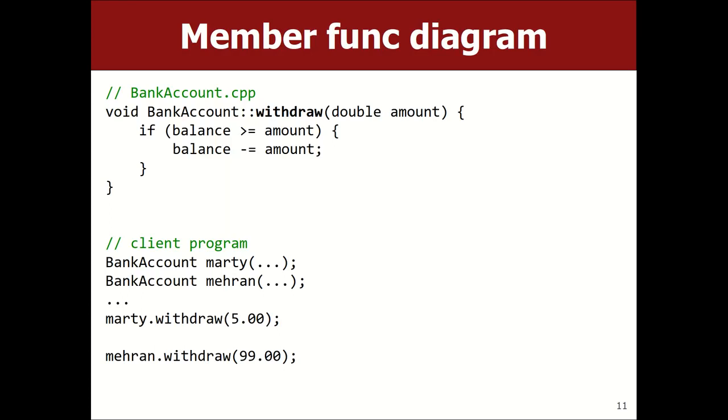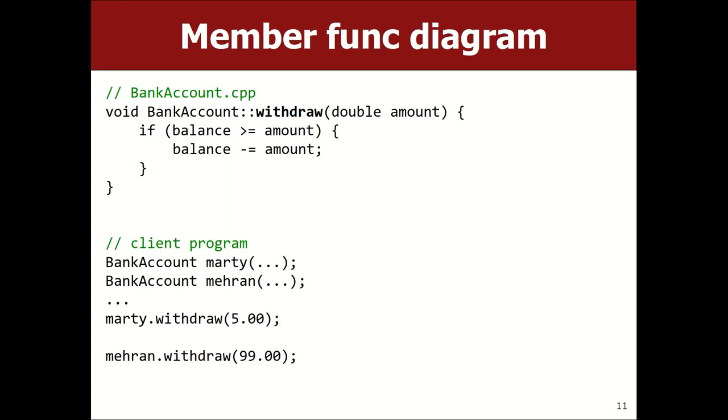But again, this kind of replication concept, it's referring to the balance of the object that you call the method on. So if you say Marty.deposit or withdraw, it'll set that object's balance. If you call it on Maron.withdraw, it'll set that object's balance. We use this in spoken language as well.